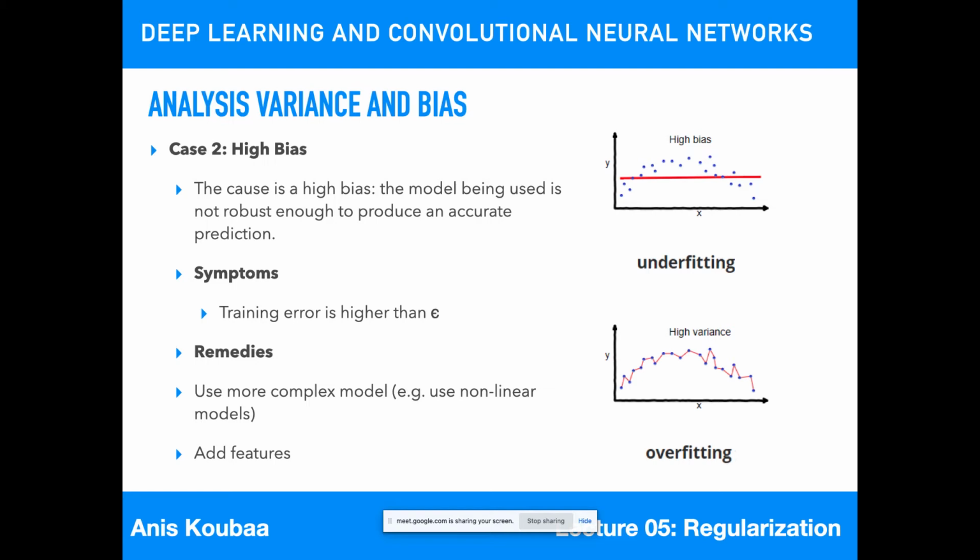One technique is to use a more complex model. Maybe your model is very simple and doesn't have enough nodes to extract all the important features from the data. Also, you can add more features, I mean by adding more hidden nodes or more hidden layers.